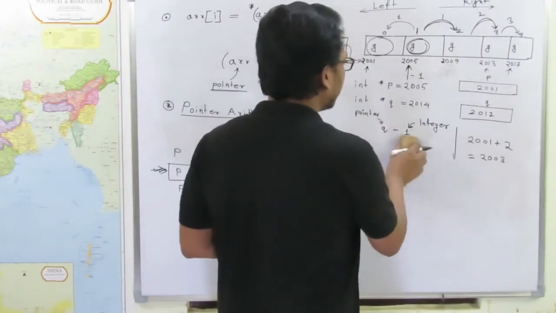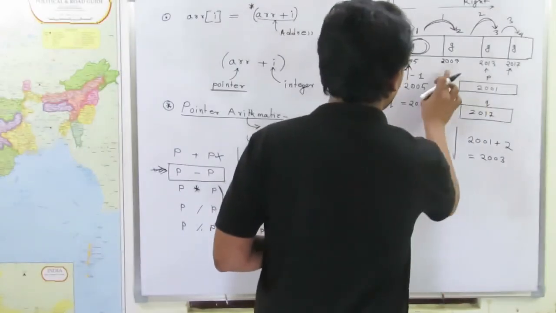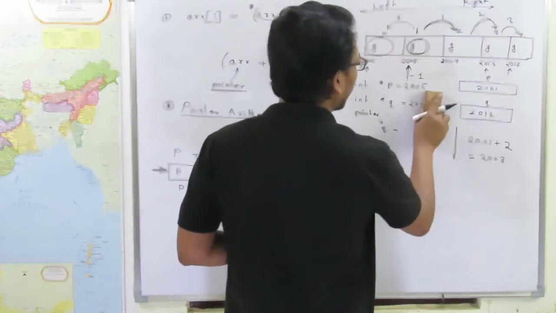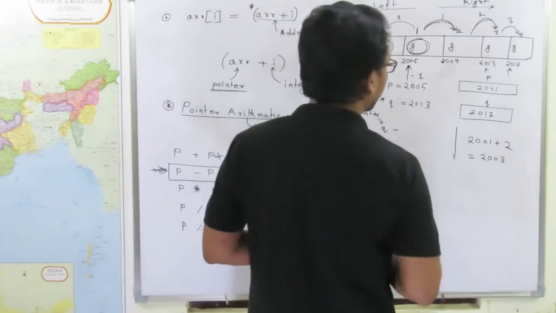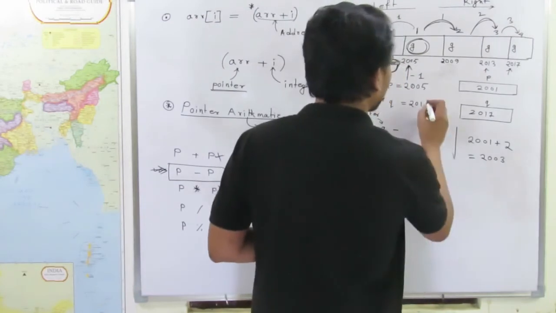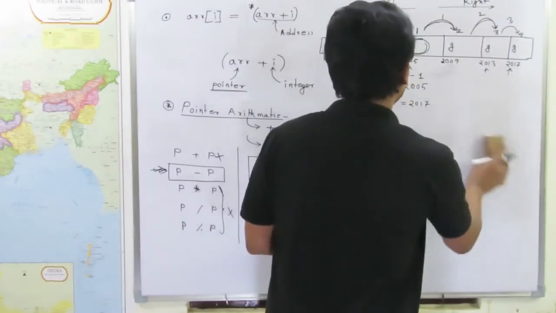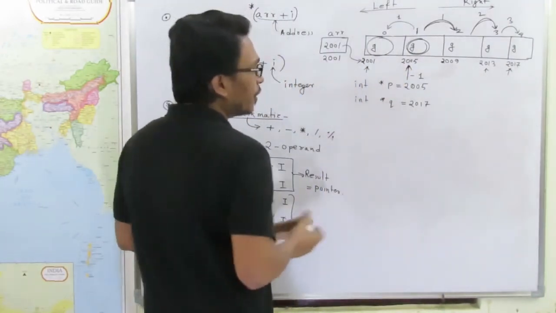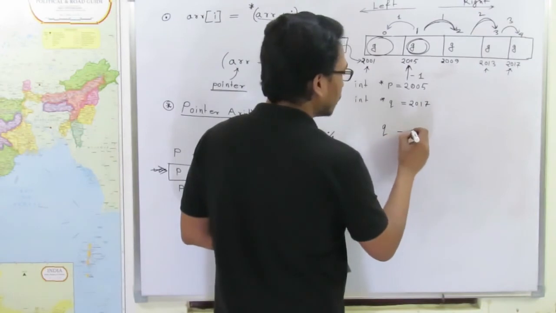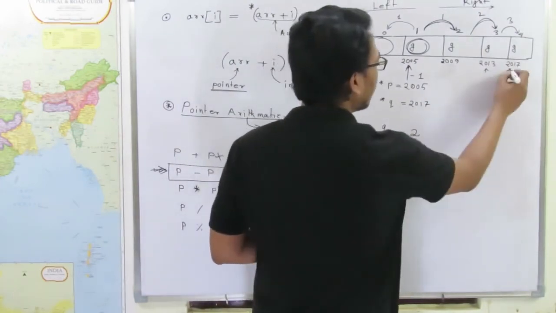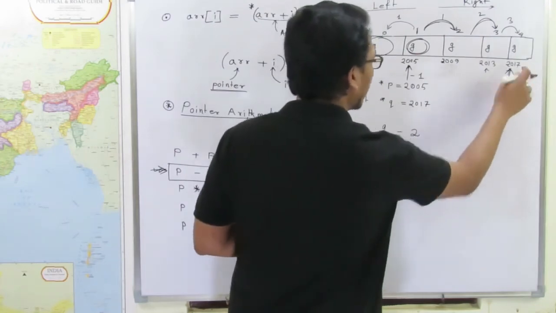Now what happens if we use q here, and let's say the value of q is 2017. So the content of q is 2017, and we do q minus 2. That means we are starting from this particular location and subtracting 2 from it.